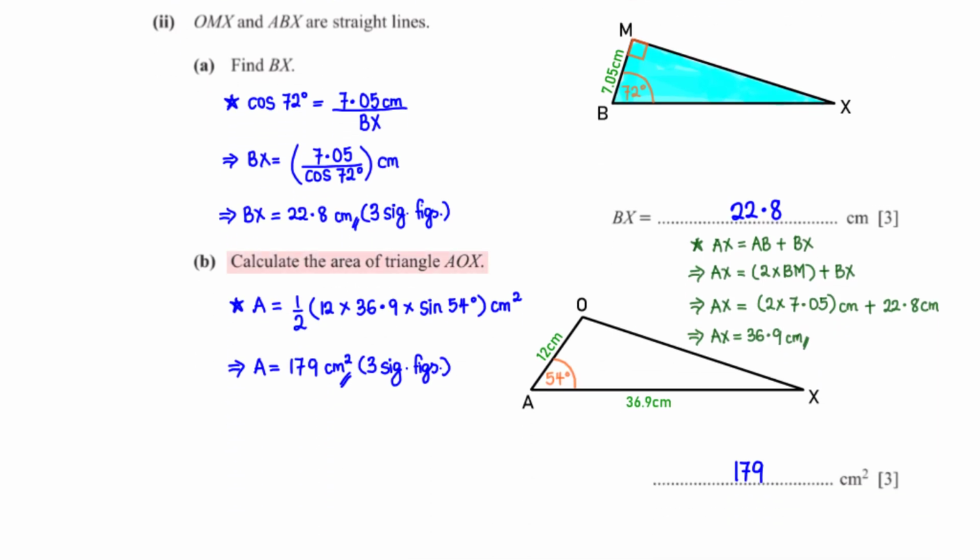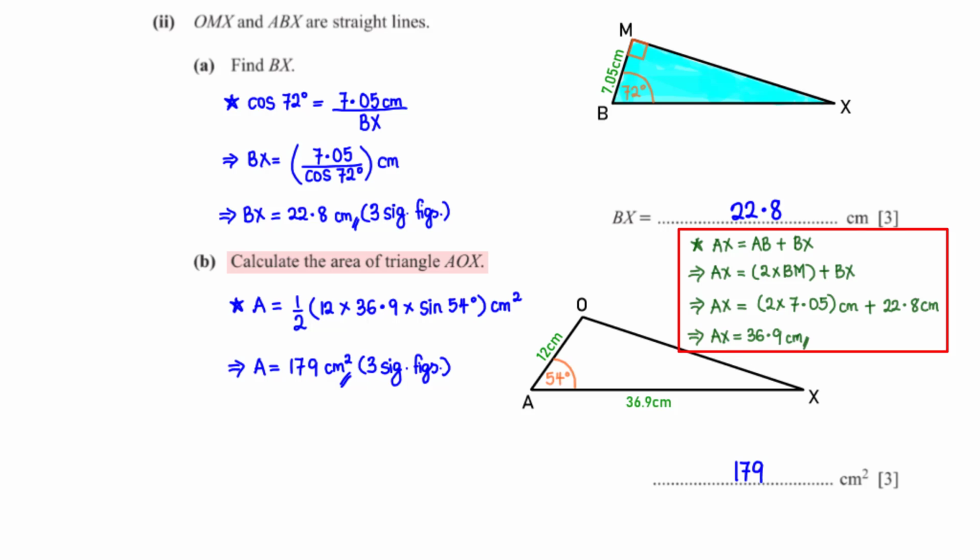Calculate the area of triangle AOX. We can apply the area of a triangle formula, half AB sine theta in this case. OA is 12 centimeters. AX is AB plus BX. AB is the same as 2 times BM. We found BM to be 7.05 centimeters and BX to be 22.8 centimeters.